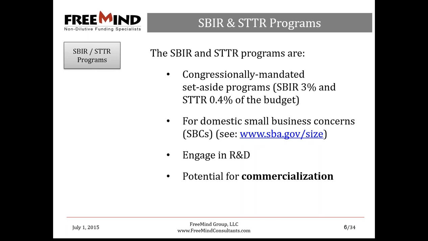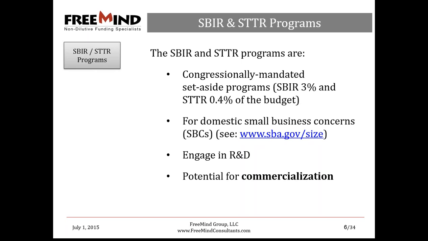In the case of SBIRs, it's currently 3% and looking to be increased over the next 2 years to 3.2%. And in the case of STTRs, over the next 3 years it is being increased from 0.4% to 0.45%. This basically is meant for small businesses, so obviously you have to be a domestic small business.